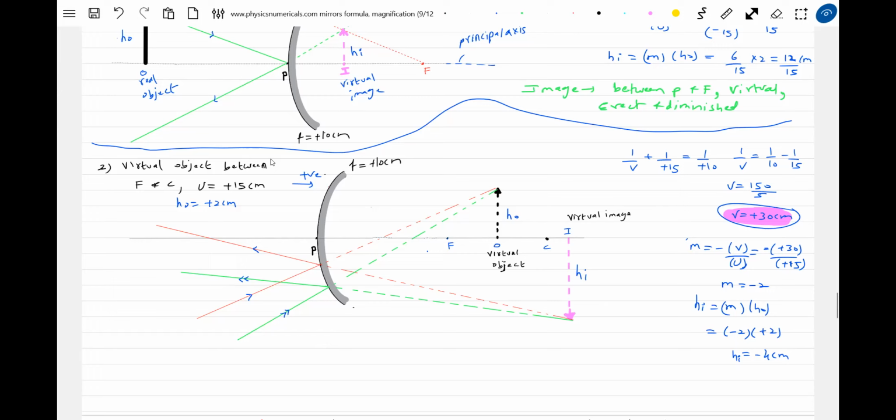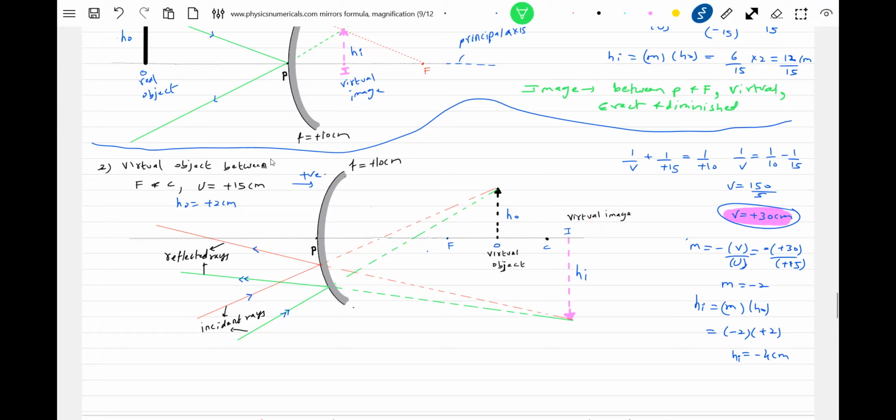Let me categorize these rays. What are these? These are incident rays. What about these? Reflected rays. So look at the reflected rays. They are diverging from a point. So therefore, the image formed should be virtual.